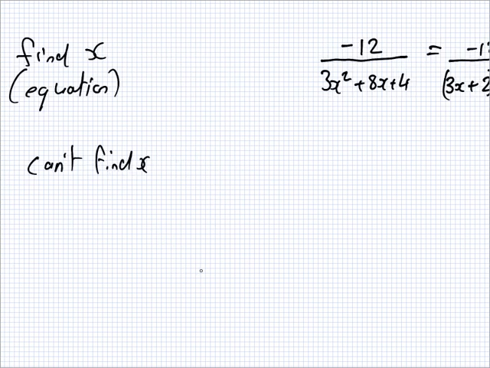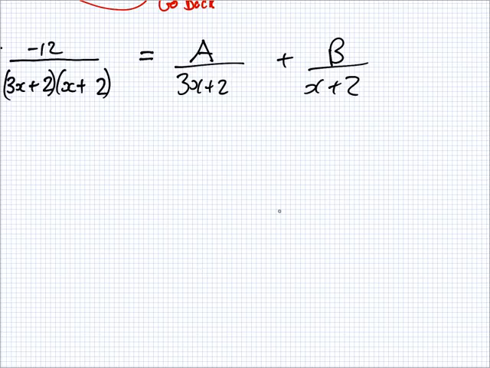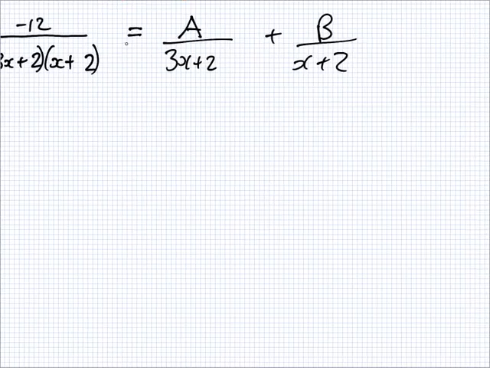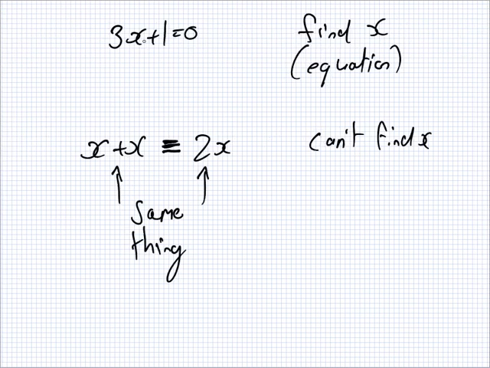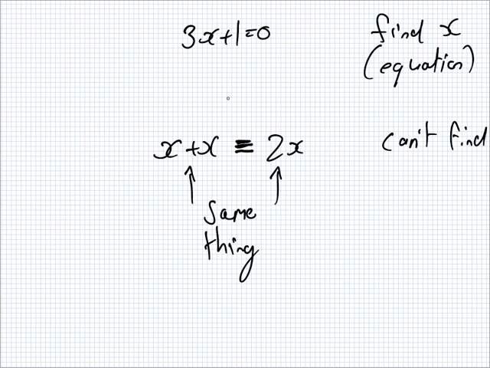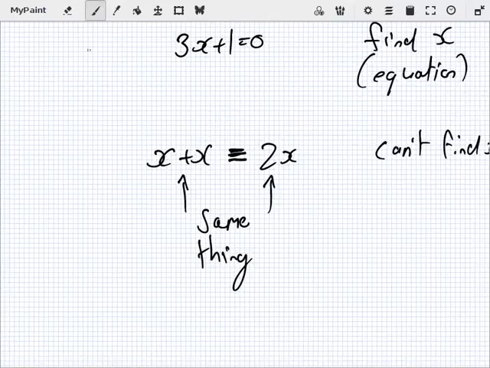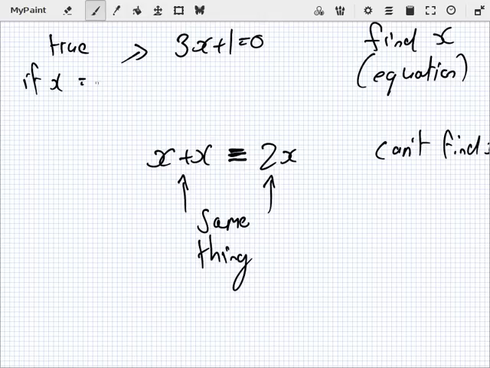So here, if you want to be very clear, you're just saying that they're the same thing. Also, notice this. This is only true if x equals minus 1 over 3, right?